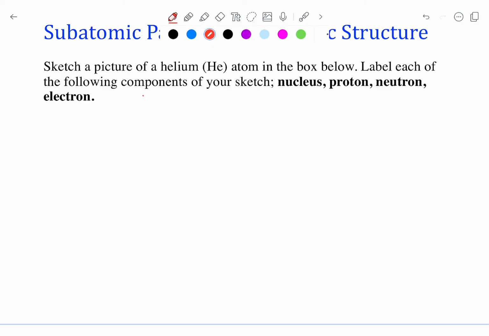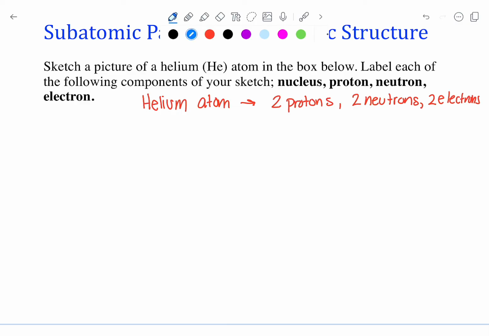Now a helium atom has 2 protons, 2 neutrons, and 2 electrons. Okay, so we have to show our nucleus that has 2 protons, 2 neutrons, surrounded by the rest of our atom, that has our 2 electrons in it.